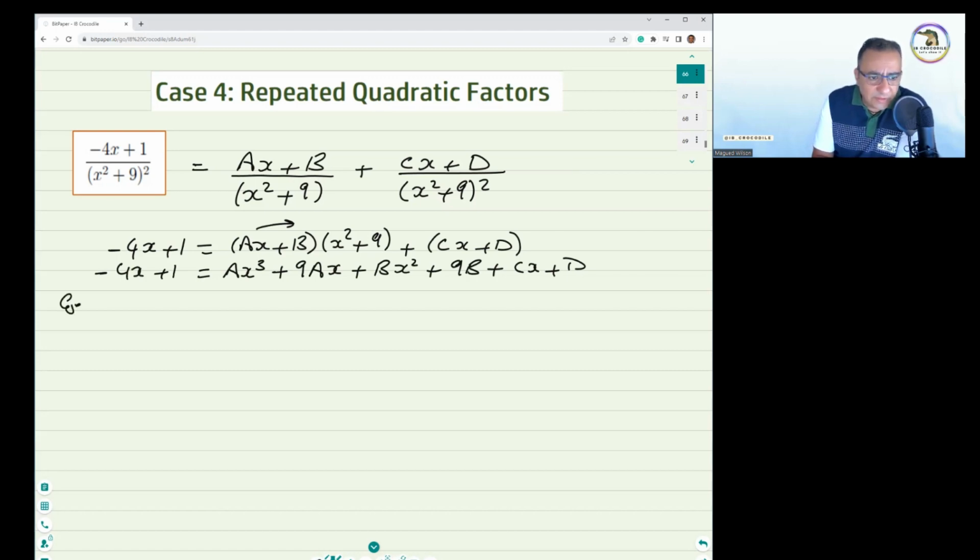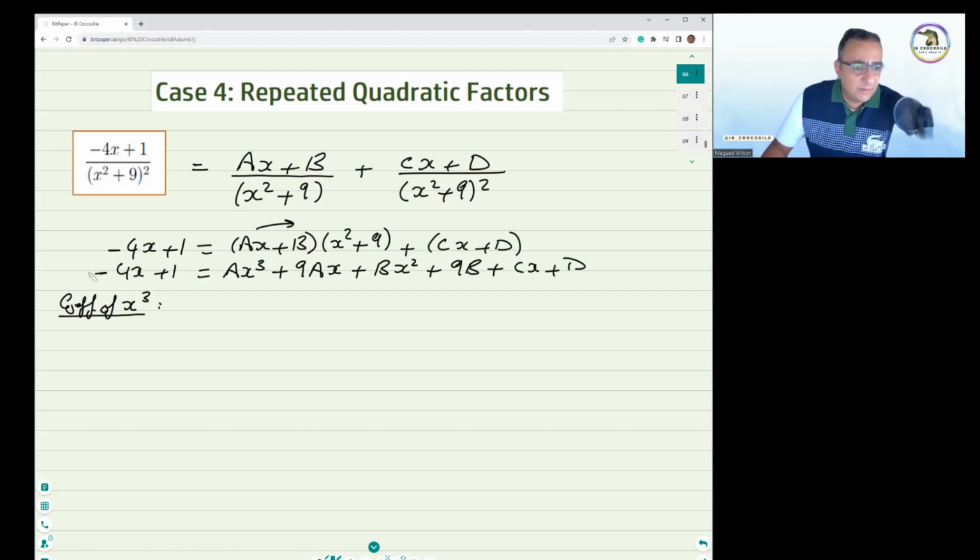So let us investigate the coefficients. Let's say the coefficient of x cubed. Do you see any x cubed on the left-hand side? The answer is no. So the coefficient of x cubed is 0 on the left-hand side. But then we have ax cubed, the only term with x cubed here, which implies a has to be 0 right away. So we know a is 0.